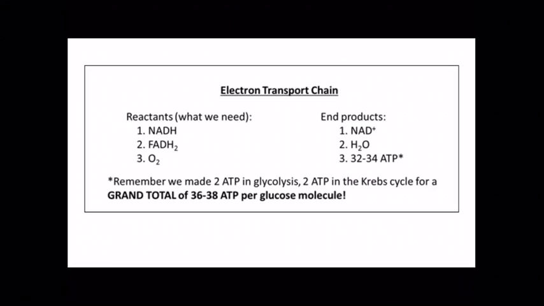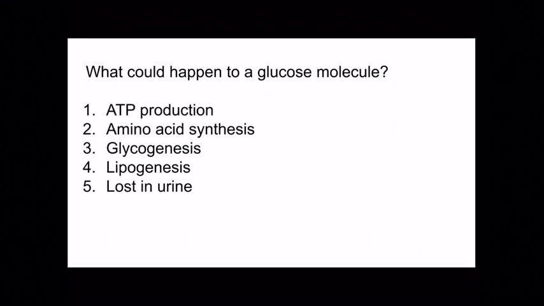We have water as an end product, and then we have our 32 to 34 ATP molecules. This slide is also showing us that we made 2 ATP molecules in glycolysis and 2 ATP molecules in the Krebs cycle, and so that gives us a grand total of 36 to 38 ATP molecules from our single starting glucose molecule, which sounds like a big deal, and it is, but wait, there's more.